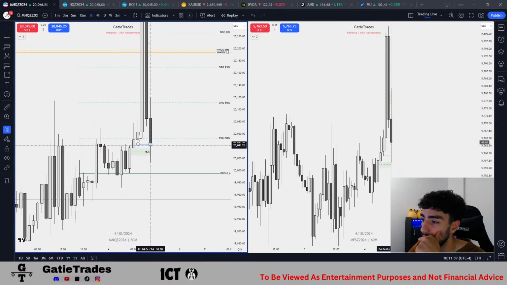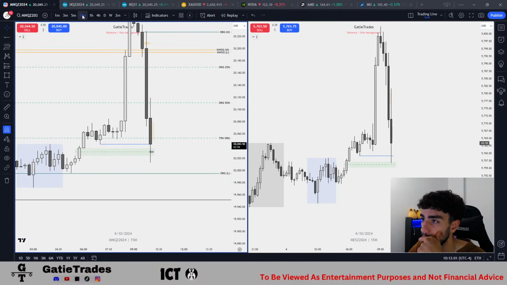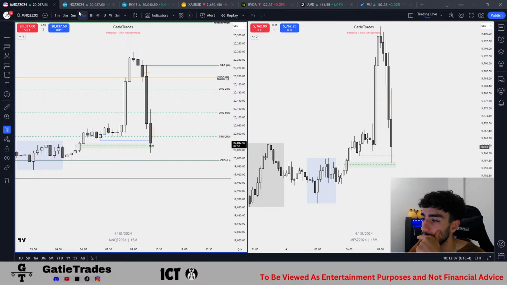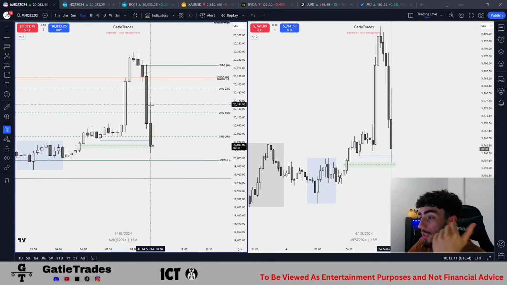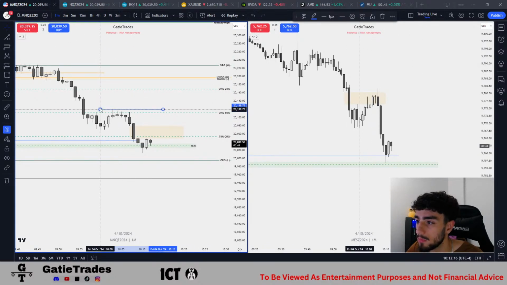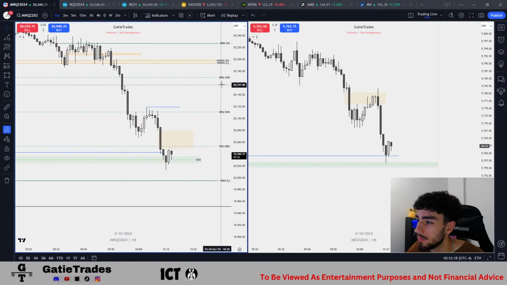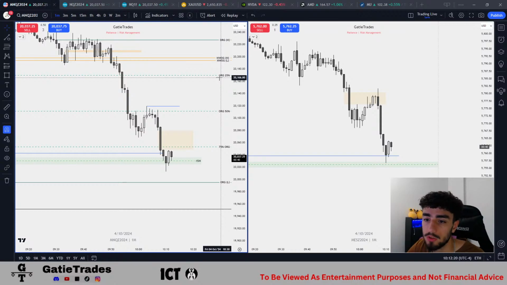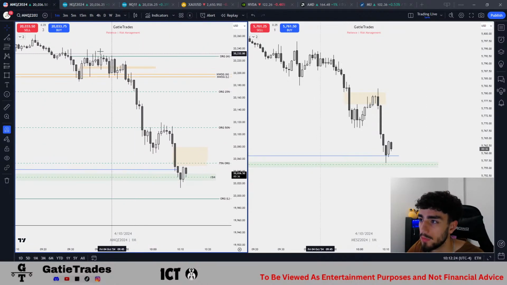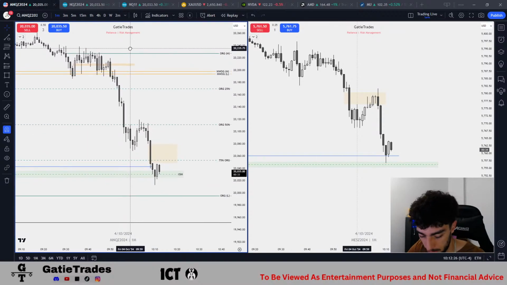I still think we can flip this hourly candle. But who knows? But at least target the 15-minute fair value gap. You have 100K challenge? Nope. I only usually buy 50Ks. I like these relative equal highs that were left up here.